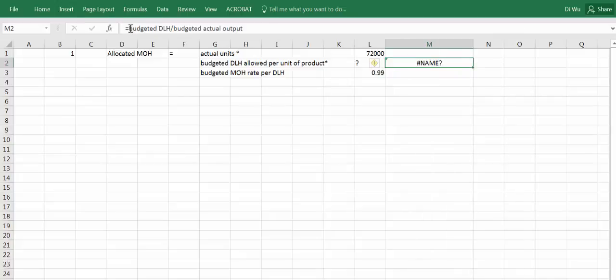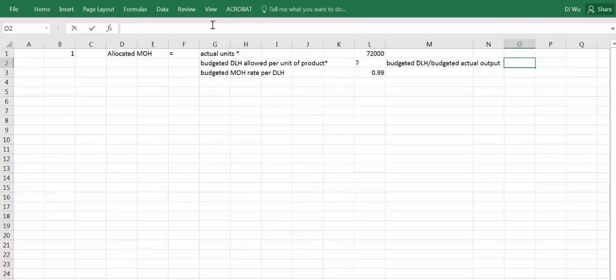Hang on here, I'm going to get rid of that. So that's basically how we do this. For instance, I'm going to divide 3,360,000 by 672,000. The result is 5.